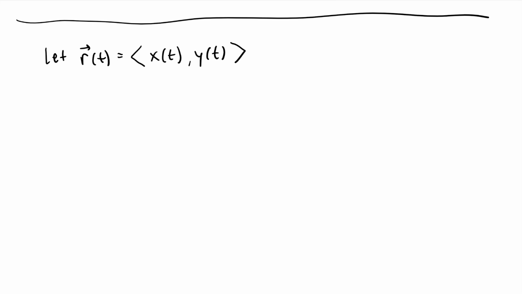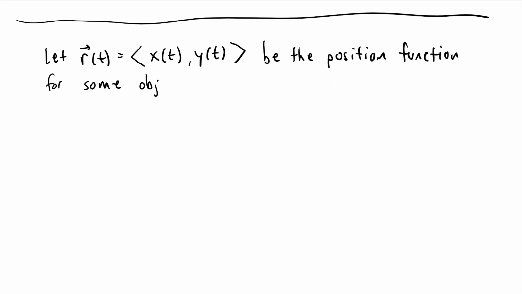So we're going to let the vector valued function r be the position function for some object in motion. So if you were to graph the vector valued function r, it would show the path of motion. So basically it would allow you to locate the object for some value of t.